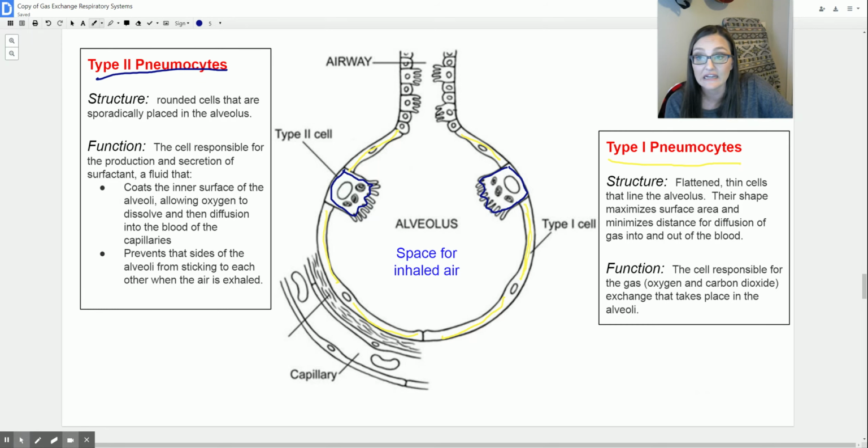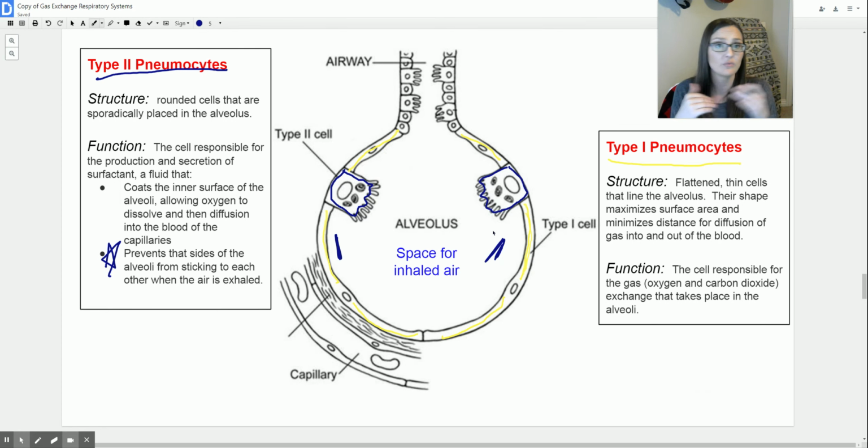What is surfactant? Surfactant is a fluid, and the whole goal is to prevent the sides of the alveoli from sticking to each other when the air is exhaled. You don't want this side and this side to collapse in and stick together every time you blow out air. That's not okay.